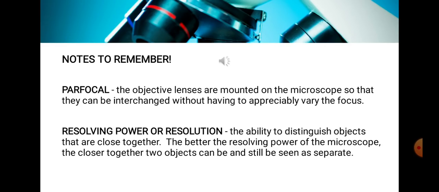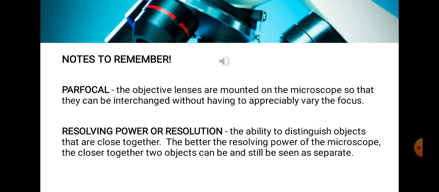Okay, now I want you to remember these terms. First is parfocal. Parfocal refers to objectives that can be changed with minimal or no refocusing. When you adjust your microscope from one magnification to another, it is nice when the lenses remain in focus the entire time.